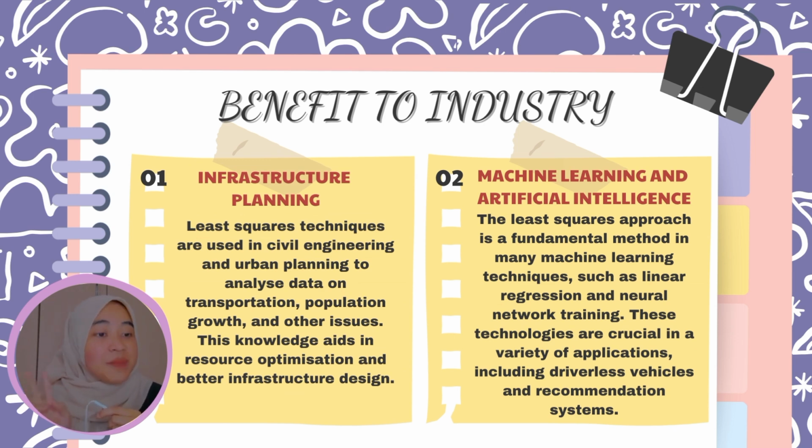The second benefit is machine learning and artificial intelligence. The least square approach is a fundamental method in many machine learning techniques such as linear regression and neural network training. These technologies are crucial in a variety of applications, including driverless vehicles and recommendation systems.